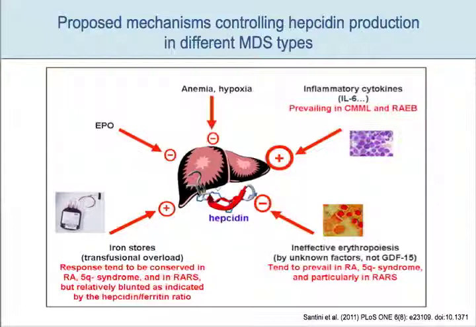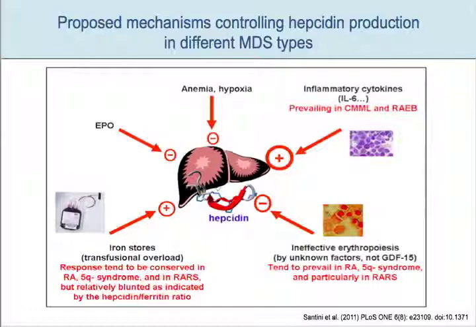Why should this physiological response be blunted? Well, because there are strong opposing forces, like ineffective erythropoiesis, anemia, increased EPO levels, which all decrease hepcidin production because in all these conditions, there's a greater demand of iron in the bone marrow.